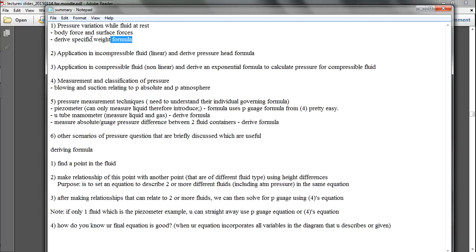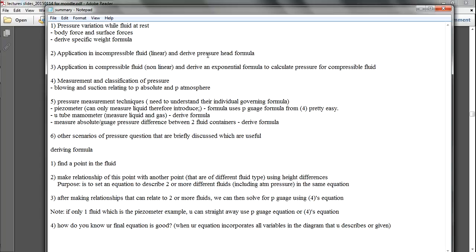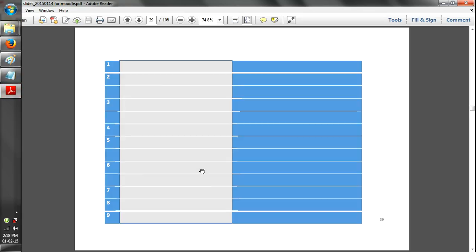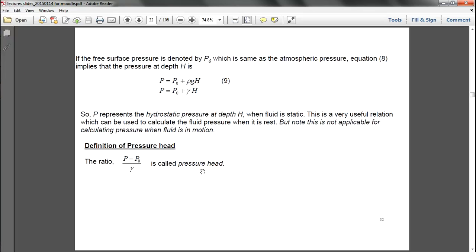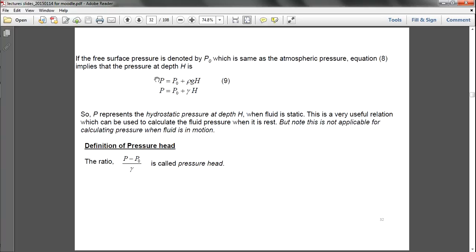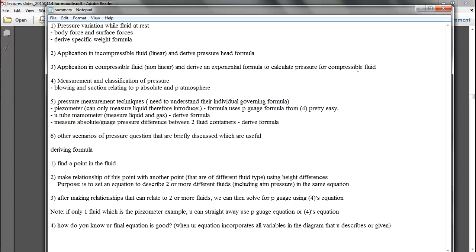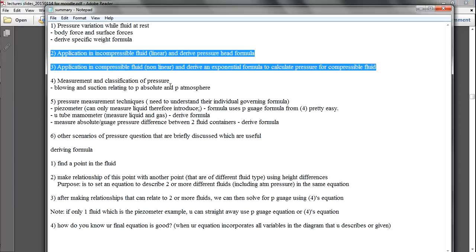And then we use this understanding to derive the compressible and incompressible fluid formulas. So we have the pressure head formula. Okay, this one, we derived this. And then we also derived the exponential one for compressible. So previously this one is incompressible, this one is compressible. So we derived formulas for each of these cases.